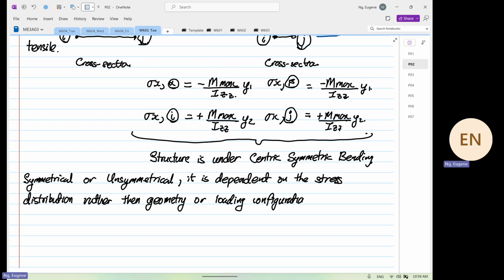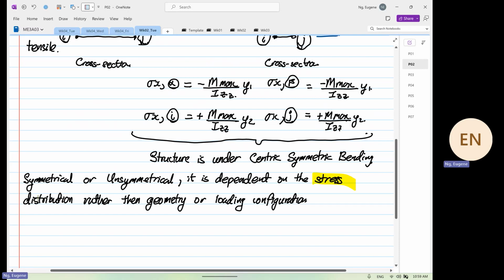So it's more dependent on what? On how your stresses are distributed. Are we clear? Okay.